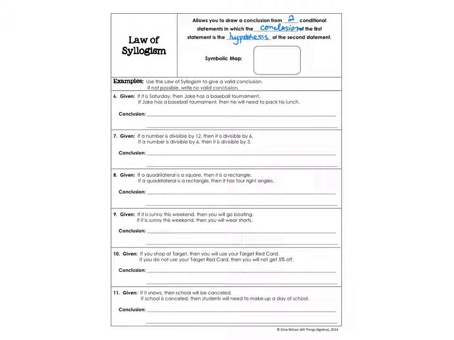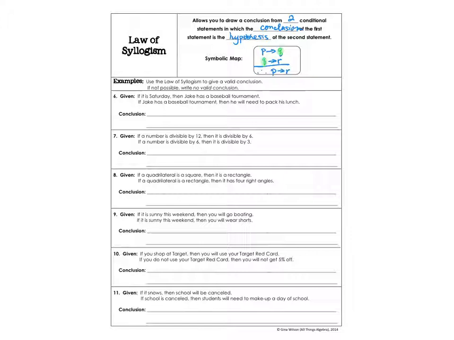So if we use symbols, we say if P, then Q; if Q, then R. Therefore, the conclusion I draw, because I have something in common here, see that? The conclusion of the first conditional statement is the hypothesis of the second conditional statement. Therefore, if P, then R.